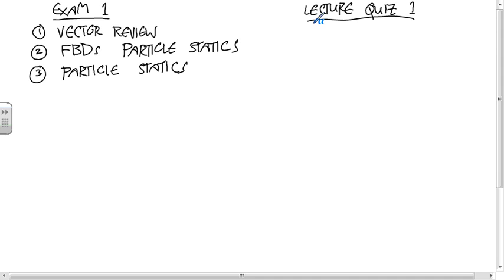An example would be, what's the subscript notation version of Newton's third law or something? Okay. And you'd have to come up with something along the lines of FAB is equal to negative FBA.